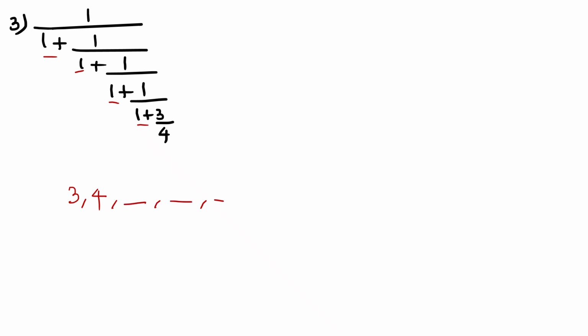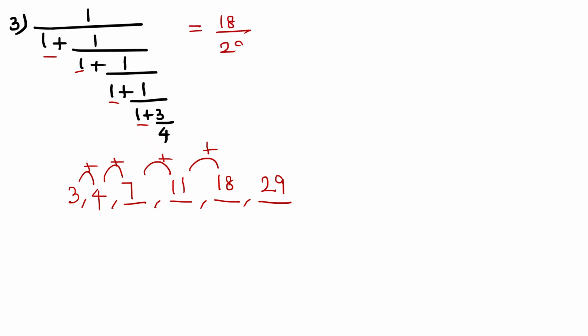After placing these 4 dashes, you add these two numbers, 3 and 4, and you get 7. Then 4 plus 7 you will get 11, then 7 plus 11 you will get 18, then 11 plus 18 you will get 29. So your answer will become 18 upon 29.